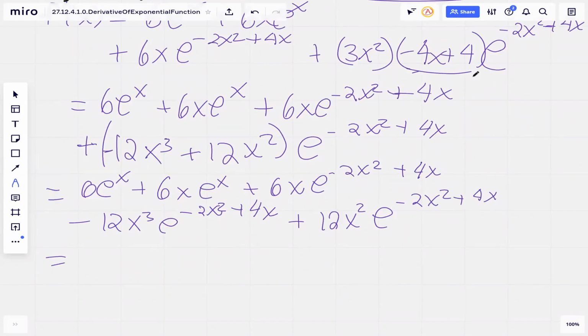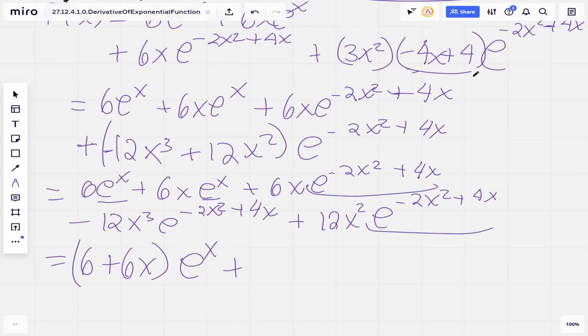What I might suggest is group things by, for example, e. So we have e to the x, we might factor that out. So we have 6 plus 6x times e to the x, okay. And then we also have this common factor of e raised to the power negative 2x squared plus 4x.